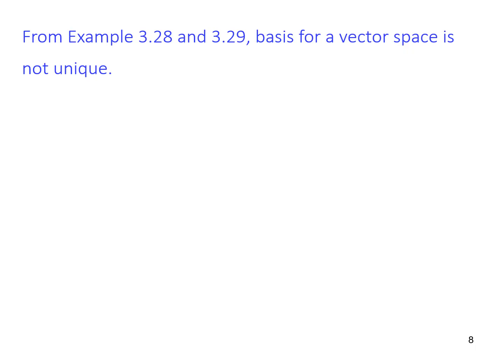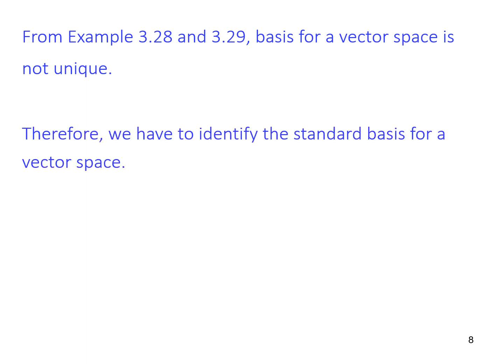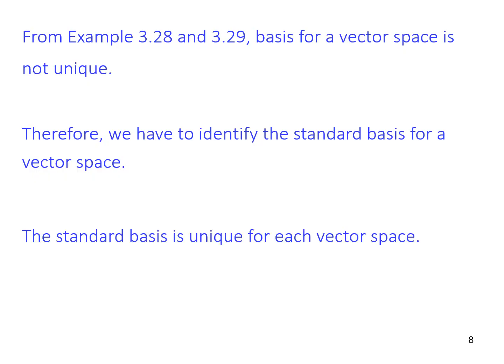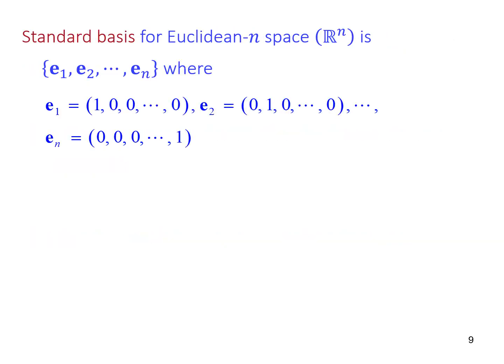So from the previous two examples, we have seen two different bases for the vector space R3, and therefore a basis for a vector space is not unique. And we need to identify the standard basis for a well-known vector space. The standard basis for Euclidean n-space Rn, which is the general form of R3, contains n vectors.